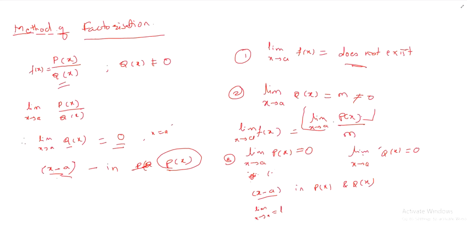So this is the third step. If we want to find the limit, then we have to think about both cases, that is, the numerator and the denominator. To find these common factors we can use the factorization method for polynomials.